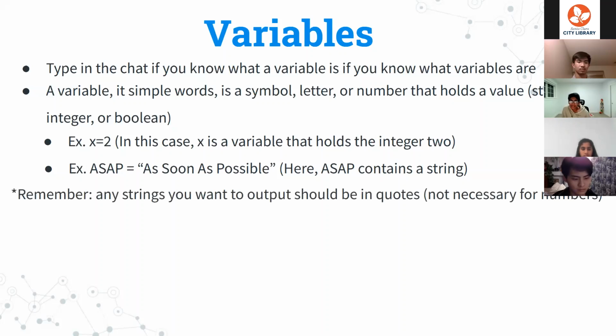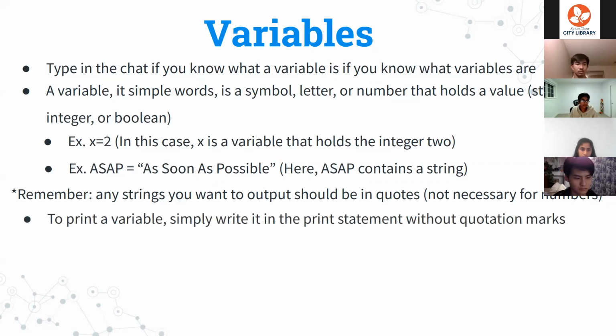In the first example, the variable contains an integer, and in the second one, it contains a string because it's made up of letters. To print variables, you're going to do the same exact steps, but you're going to take off the quotation marks on the name of the variable.